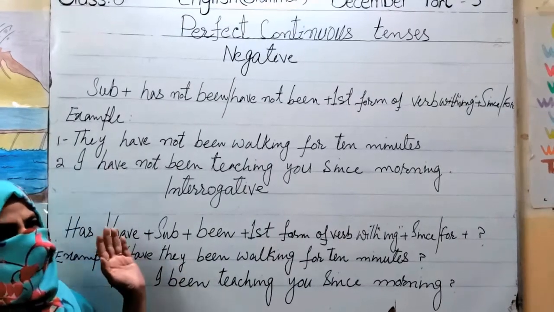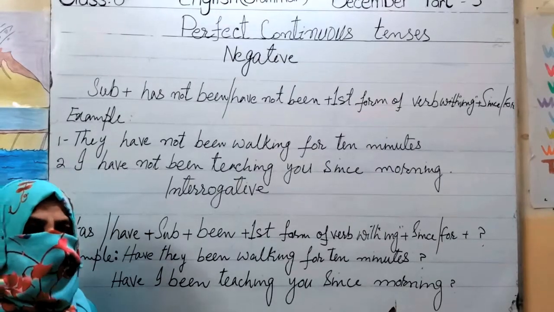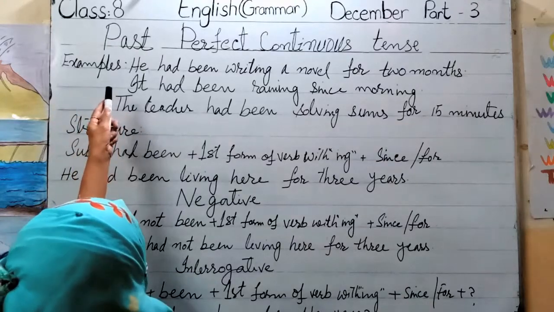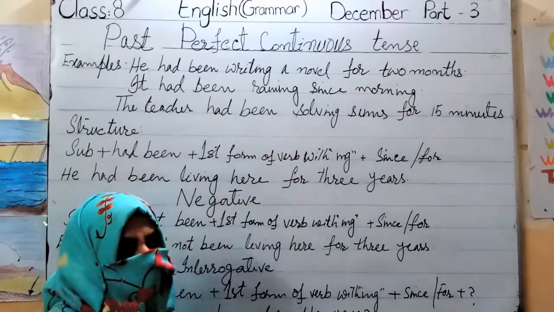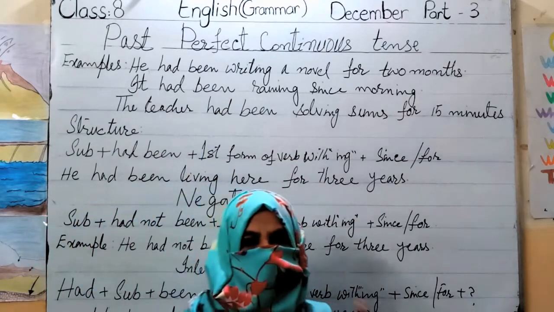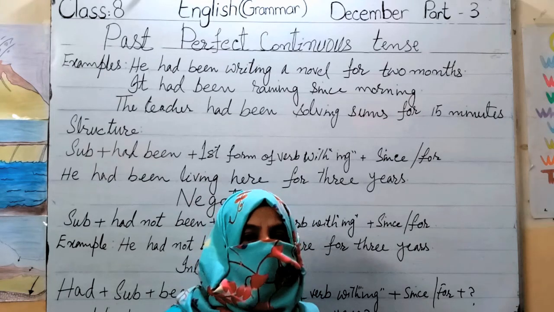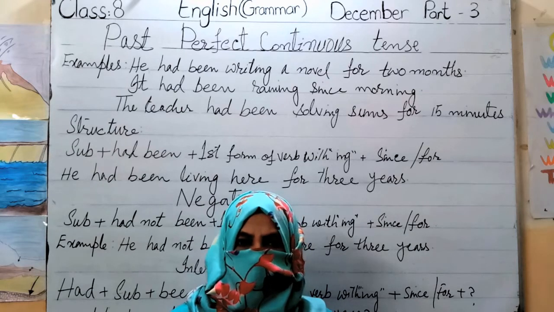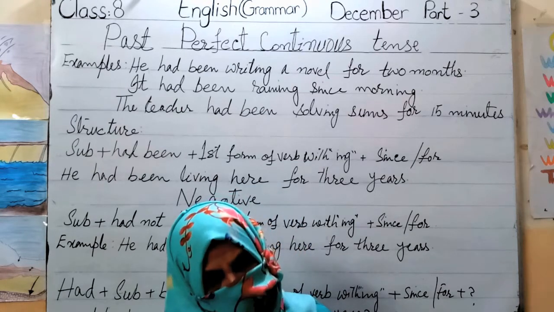Let's move towards the next tense, past perfect continuous tense. Before giving examples, I would like to define what past perfect continuous tense is. This tense is used when an action started in the past but continued up to that time.